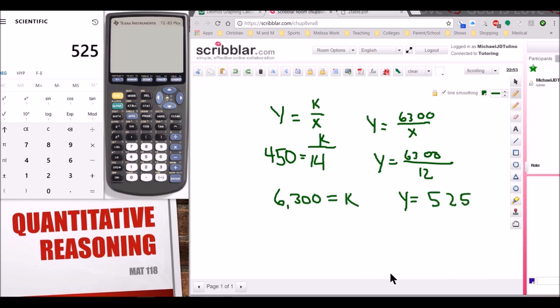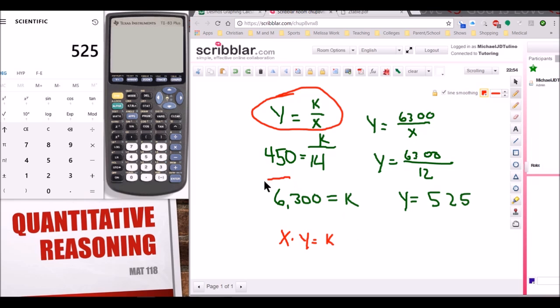So that's one way to set it up. Here's another way to set it up. If we actually take the K and we isolate it. So if we take a look at this here, let's focus in on the formula. And so if we take the X and multiply on both sides, we end up with X times Y equals the K. Now, the constant variation is exactly what it says, constant.